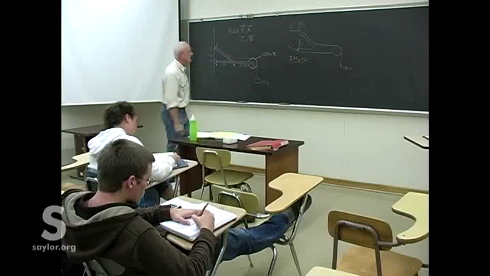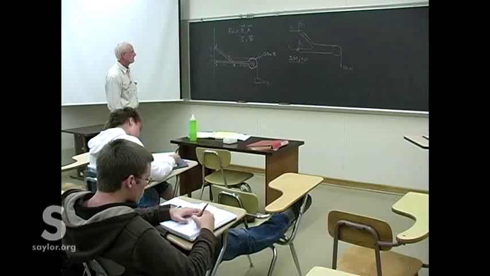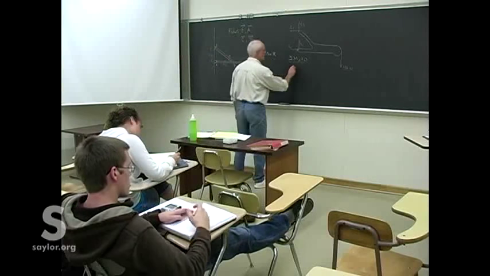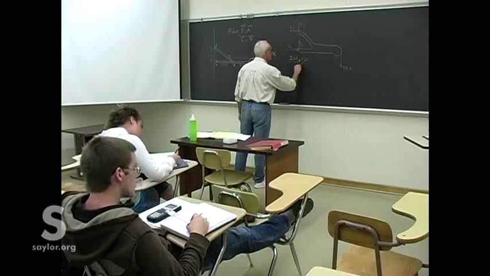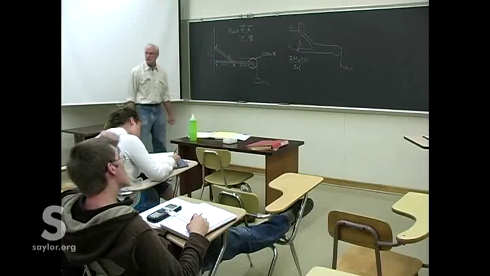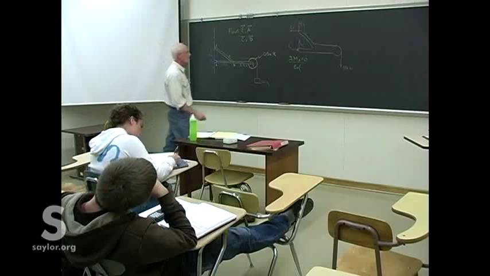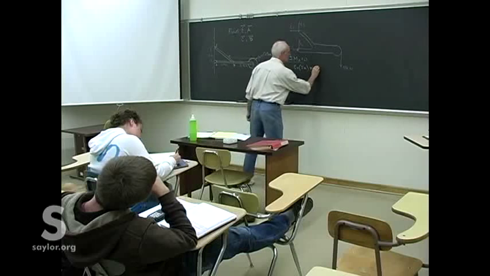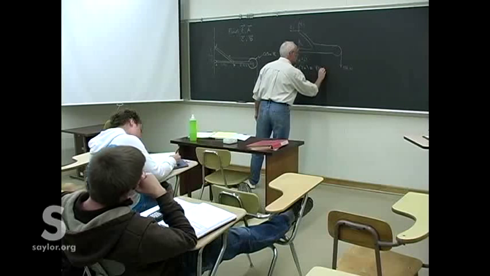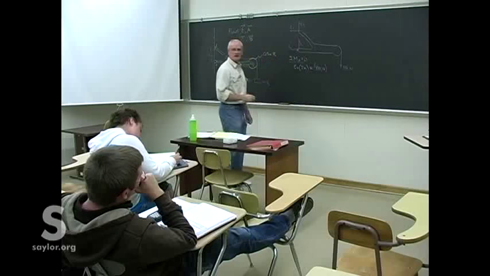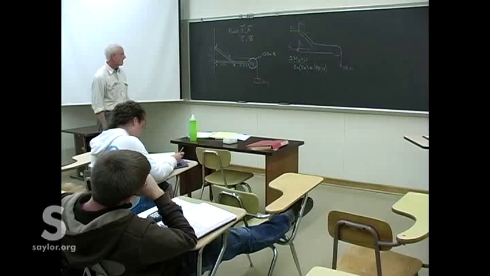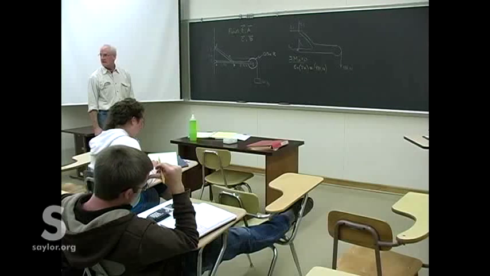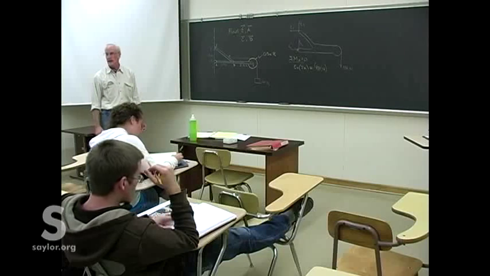So we can sum the moments about point A. We get, oh, it's actually pretty easy. We get EX times its moment arm, which is 2 meters, equal to the load at 5.5 meters. 5.5 meters is the moment arm on that, isn't it?